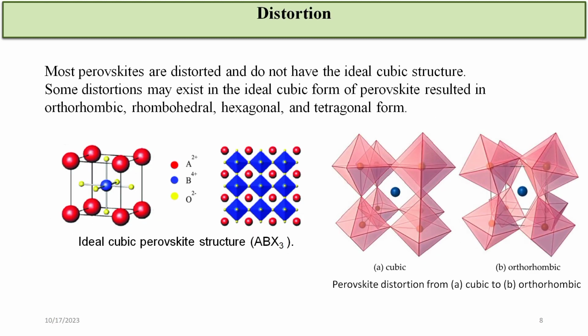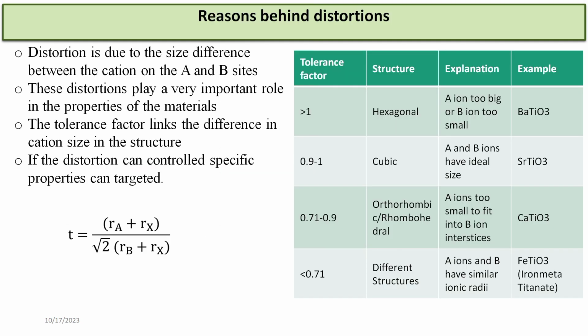So distortion. Most perovskites are distorted and do not have the ideal cubic structure. Some distortion may exist in the ideal cubic form of perovskite, resulting in orthorhombic, rhombohedral, hexagonal, and tetragonal forms. The reason behind this distortion is the difference in the sizes between the cations on the A and B sides.